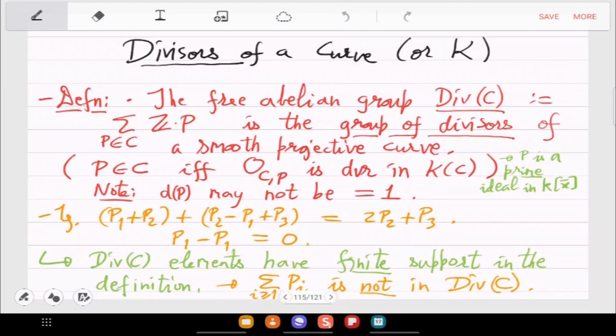But surprisingly, this object will be highly useful in the analysis. Any questions? Okay, so this is called div C.